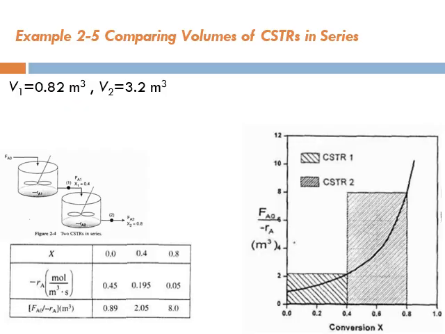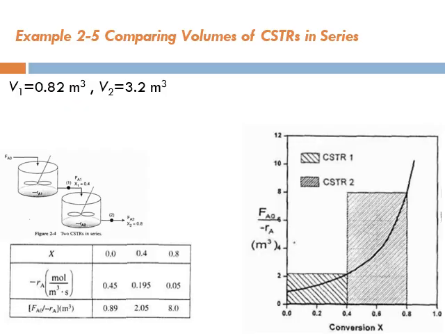But don't you find this a little bit strange? Because both of them are giving you 0.4 conversion, 40% conversion. The first one takes you from 0 to 40%. The second one takes you from 40% to 80% conversion, based on a reference to the feed to the first reactor. So both of them are doing the same job.